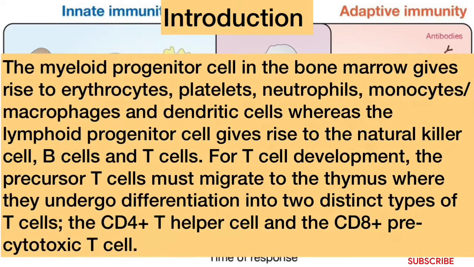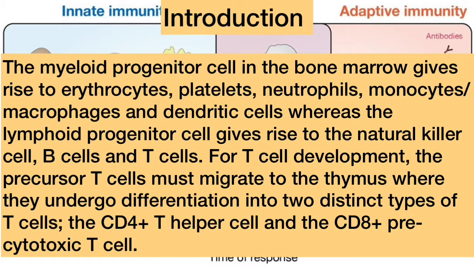The myeloid progenitor cell in the bone marrow gives rise to erythrocytes, platelets, neutrophils, monocytes or macrophages, and the dendritic cells, whereas the lymphoid progenitor cell gives rise to the natural killer cell, B cells, and T cells.